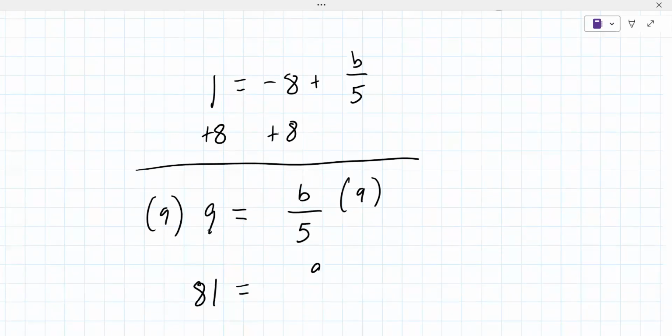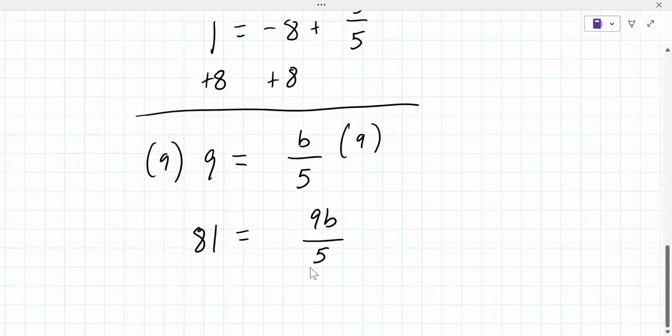81, okay. 9b divided by 5. You've got 2 minutes to figure this out. 9b divided by 5. So how do you undo division by 5? Multiply.